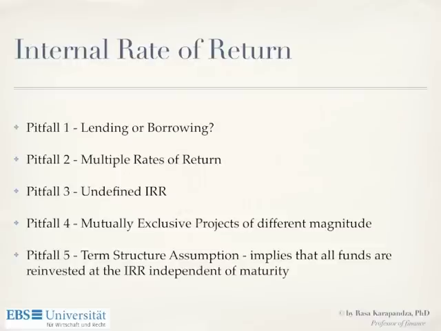Then we said problem number 4: if you have mutually exclusive projects, for example, if you can build only one of these two projects, and only one at a time, not multiple times project 1, not multiple times project 2. You can choose only between project A and project B. If they are of a different size, internal rate of return might be misleading. It's not always misleading, but sometimes it is. I gave you the example in the last class when it's really misleading.